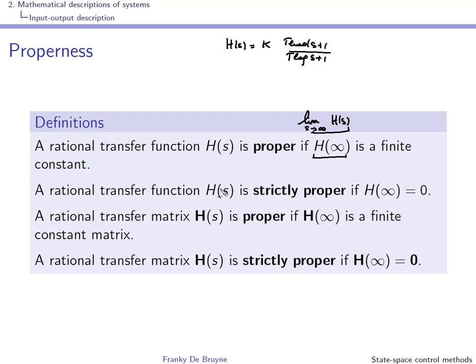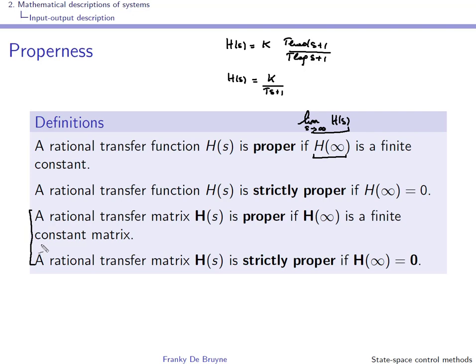A rational transfer function is said to be strictly proper if this quantity is equal to 0. So for instance, the following transfer function, which is a transfer function of a first order system, is a strictly proper transfer function. And you have, of course, similar definitions for transfer matrices.